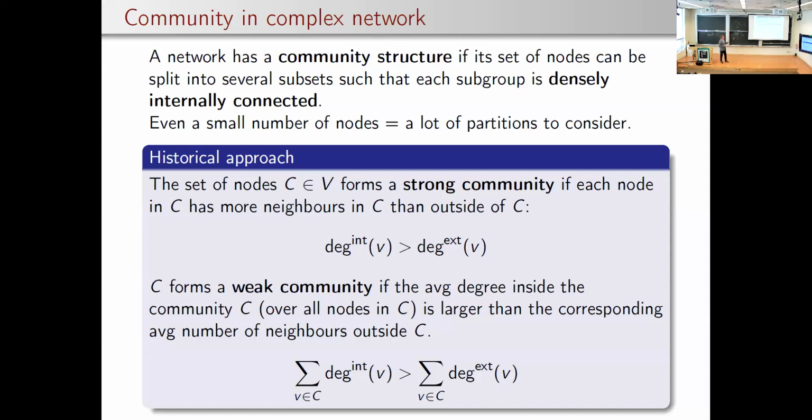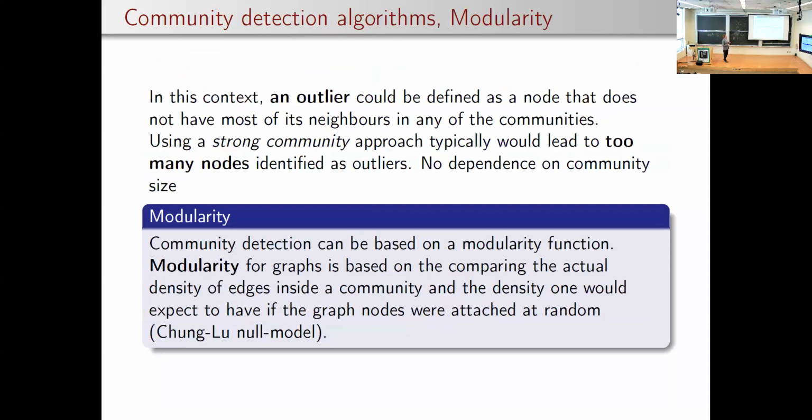We can say that for each node, if there are more internal connections than external connections, we can define a strong community and a weak community. In this picture, an outlier would be a node that does not have most of its neighbors in any of the communities.